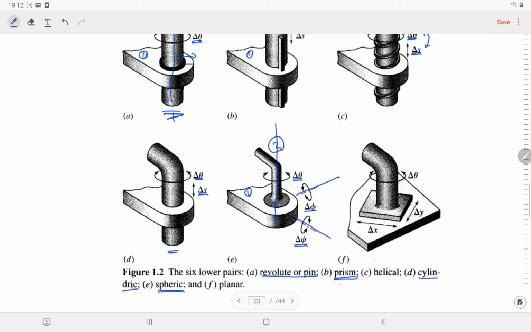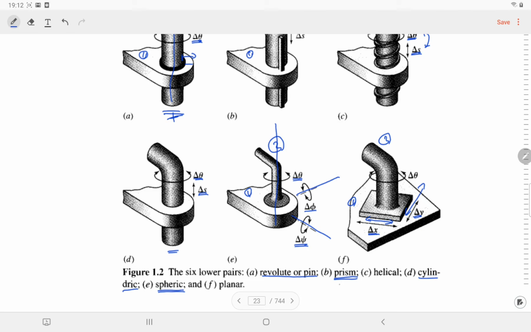And this last one: once again this is body 1 and this is body 2. You can have a relative motion between body 1 and body 2 such that body 2 can move in this direction, let's call that delta x, and in this direction, delta y.